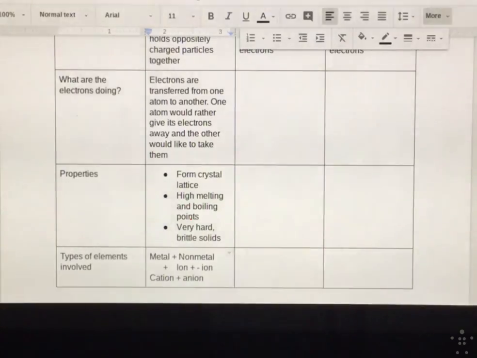Metal and a nonmetal, which means a positive ion is with a negative ion. Another word for that is a cation bonding with an anion. So those are the types of elements involved. So that's not 3 different types. That's 3 different ways of saying the same thing. Metal and a nonmetal is the same as a positive ion and a negative ion. Metal and a nonmetal is the same as a cation plus an anion.